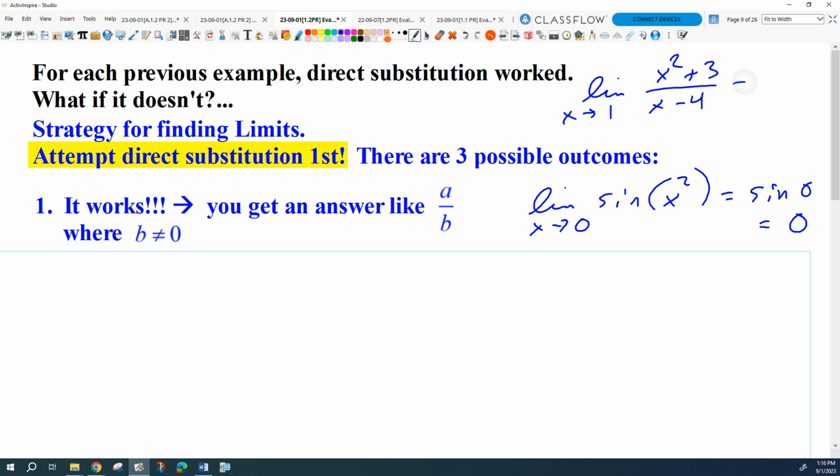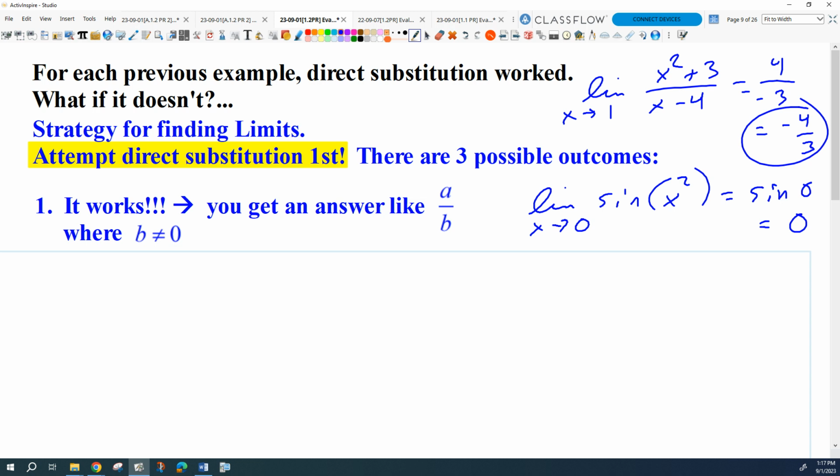On the top, I get 1 squared plus 3, which is 4. On the bottom, I get 1 minus 4, which is negative 3. So I get negative 4/3. Done. I got an answer with no zeros on the bottom. Make sense? Those are the easy kind.